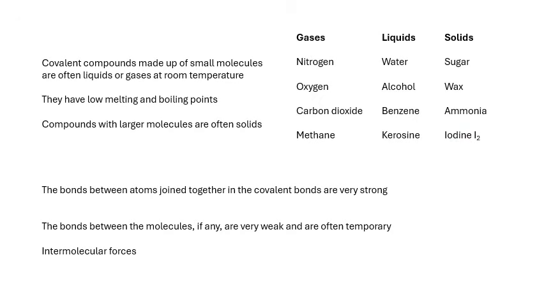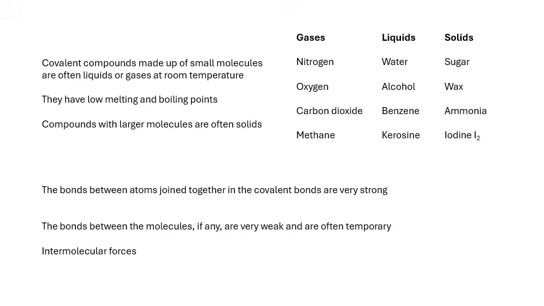Some properties of covalent compounds. Covalent compounds are often made up of small molecules, not always. Some of them can be very, very long chains like polymers and enzymes held together with covalent bonds, but often they're made up of small molecules which can be liquids or gases at room temperature.